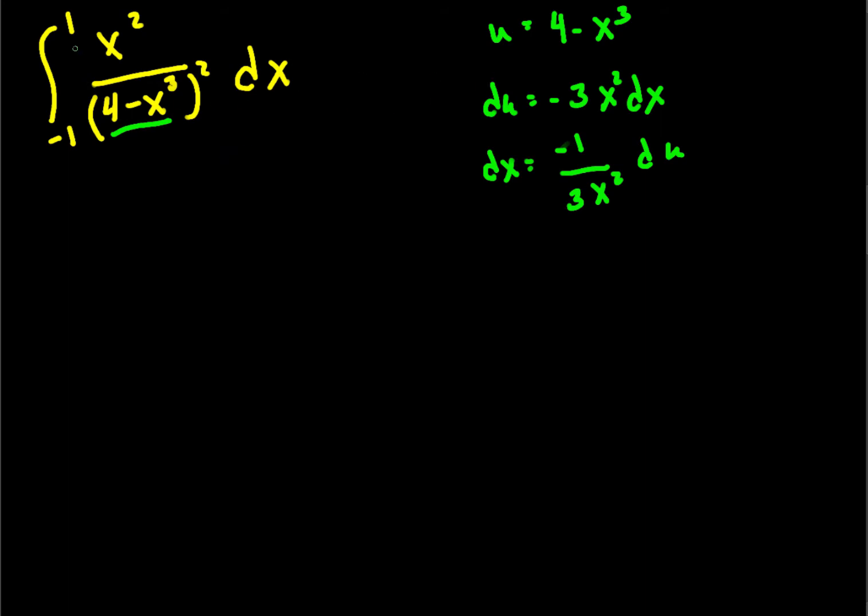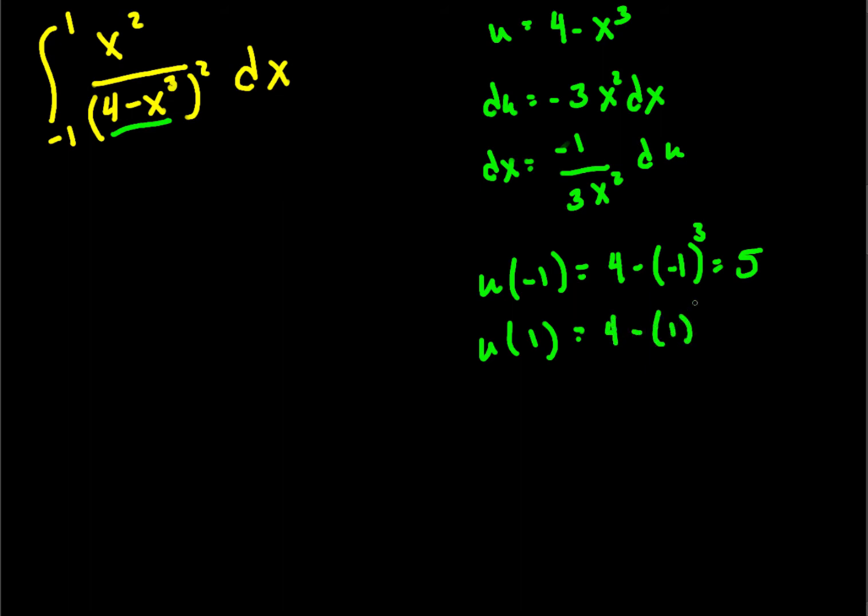But we need to take care of our bounds as well. So u of our lower bound, -1, is equal to 4 minus (-1) cubed, which is 5. And our upper bound will be u of 1, which is 4 minus 1 cubed, which is 3.